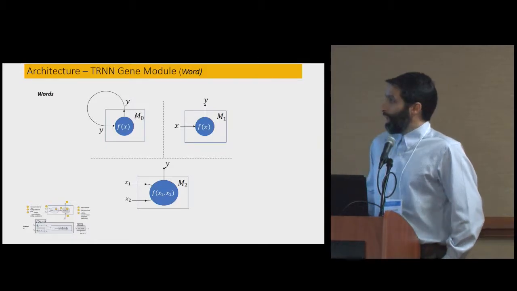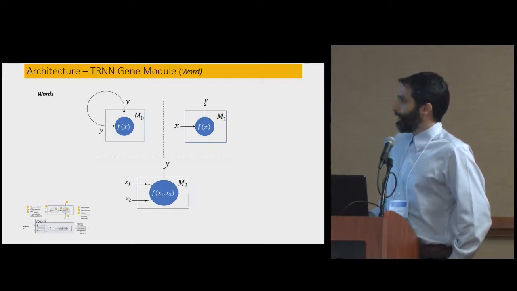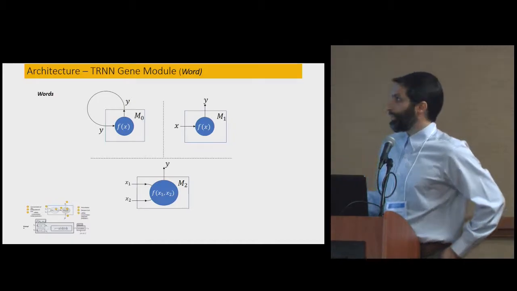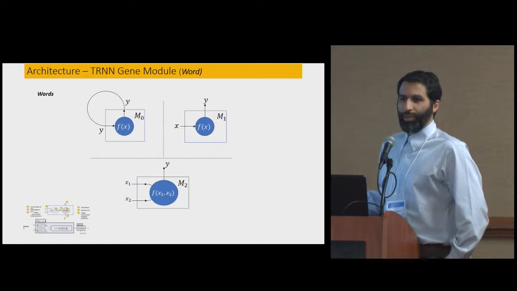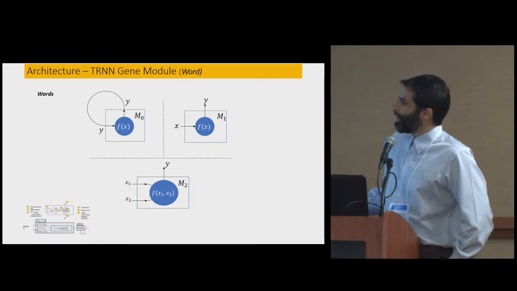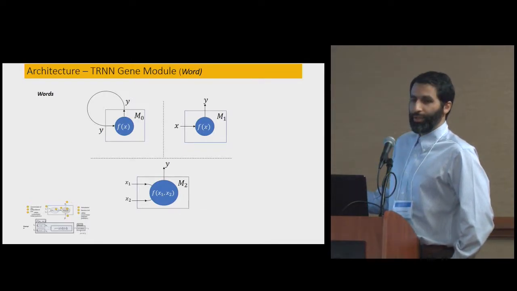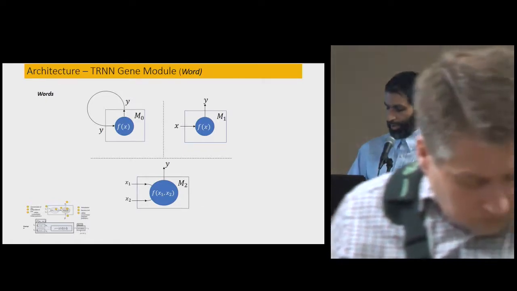So once we know our basic building block, then we ought to understand what are the components we build from this, and those are basically genes. So you can have different types of relationships in this basic building block, where you can have a self-regulator, you can have a single transcription factor, you can have multiple transcription factors, and these I call our words.